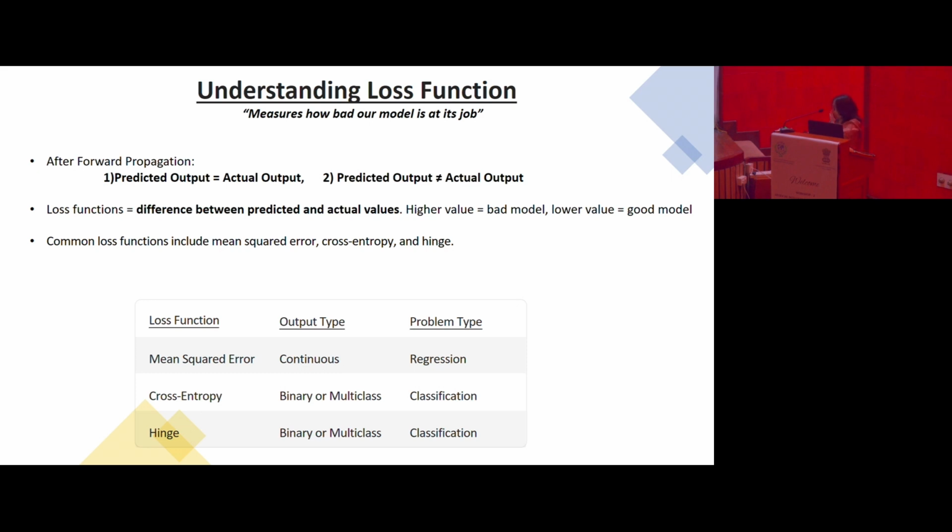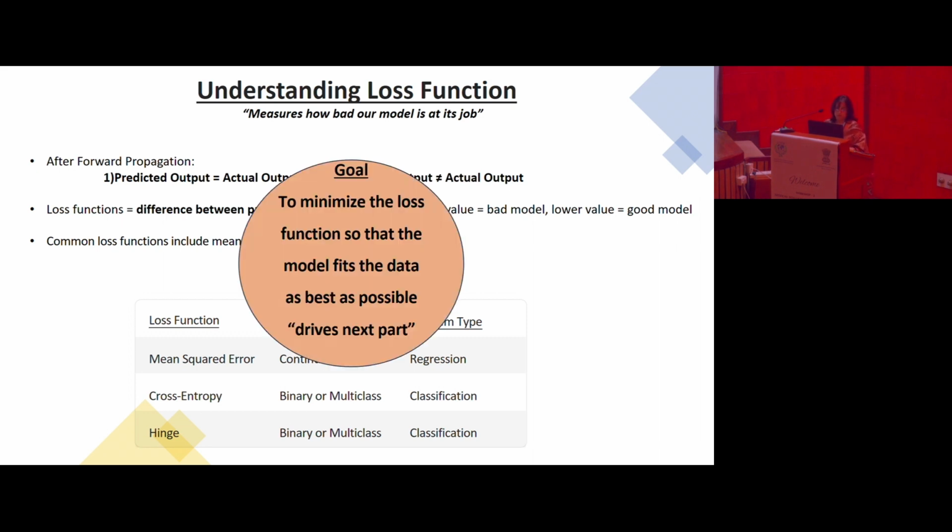Some loss functions are mean squared error and cross entropy. We will be doing all these in the next 3 days in our practical sessions. So now we have a loss function. The main goal is to minimize the loss function so that the model fits the data as best as possible.